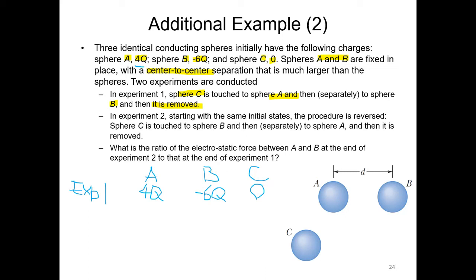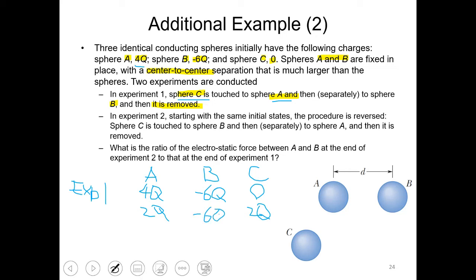In experiment 1, sphere C is touched to sphere A, then separated. After these steps, it will be 2Q, 2Q, because they share the same amount of charge. So we have 4Q plus 0 and then divide by 2. Both will have 2Q after touching.